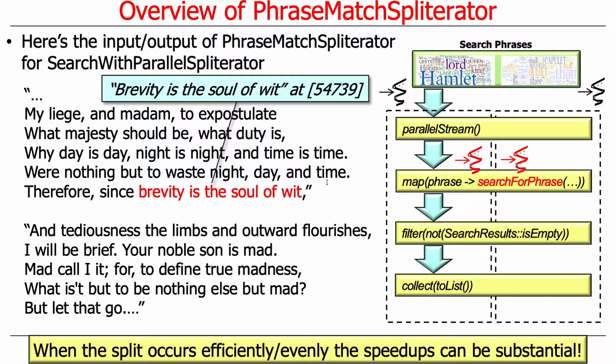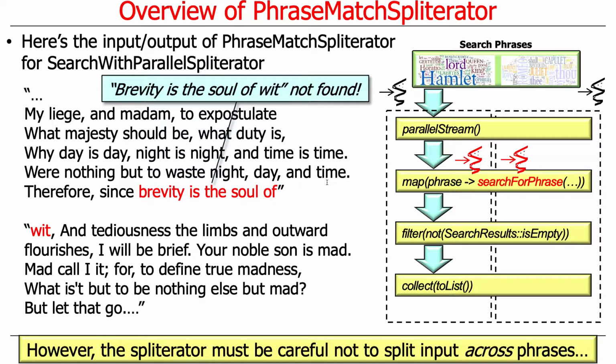The whole trick here is to make these splits be done evenly and efficiently. We really want to try to split the input basically in half and keep splitting it in half till it reaches some minimum size. Now, we have to be careful because if we do the splits incorrectly, then we can accidentally split the input up across the phrase, in which case we're never going to find it.